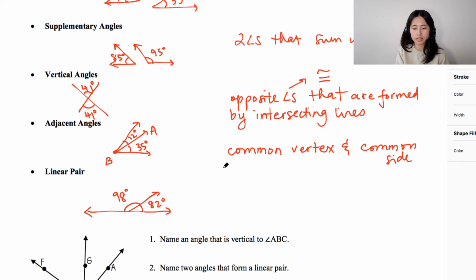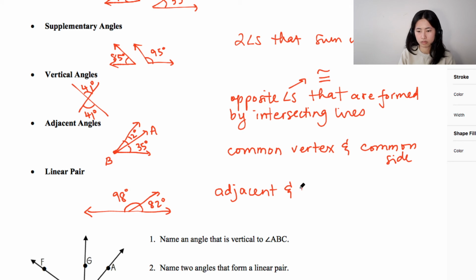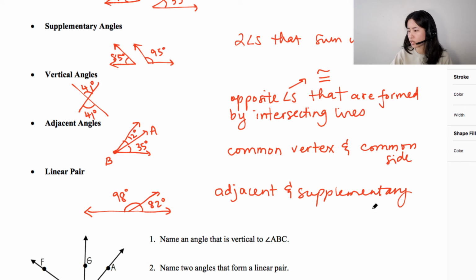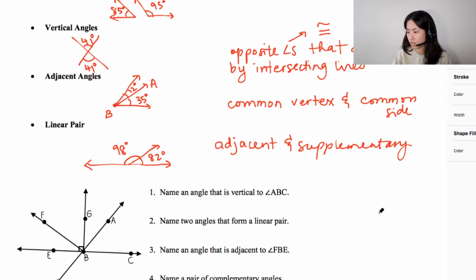Okay, so again, linear pairs need to be adjacent and supplementary.